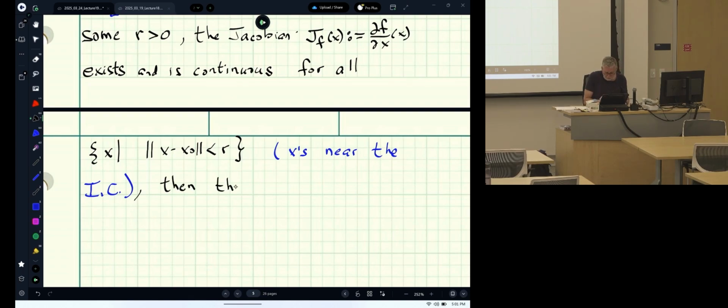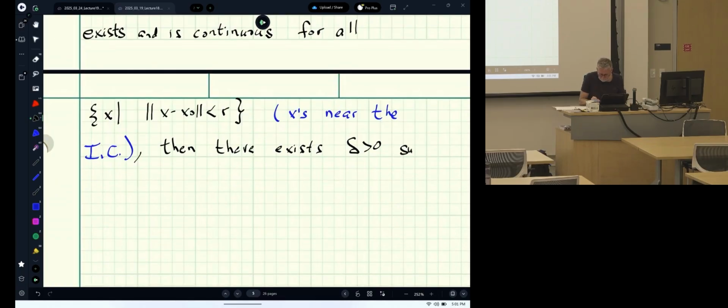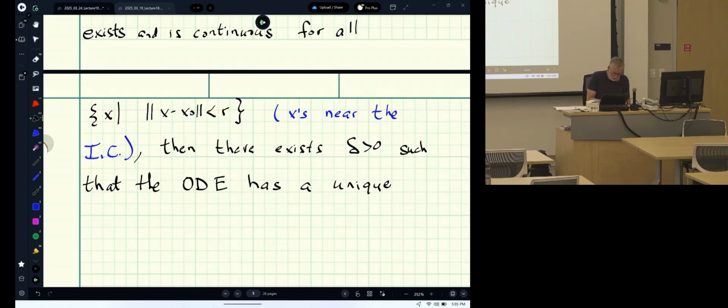More precisely, there exists delta positive such that the ODE has a unique solution on the time interval t0, t0 plus delta.